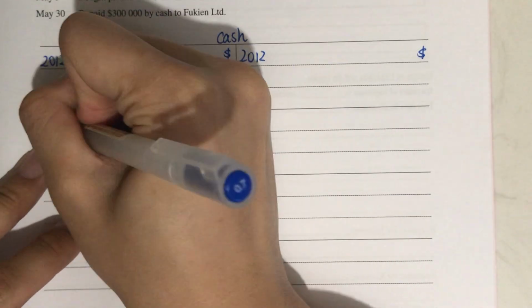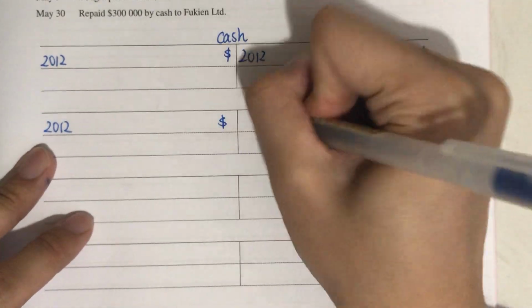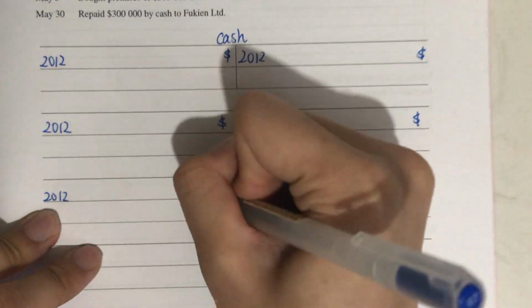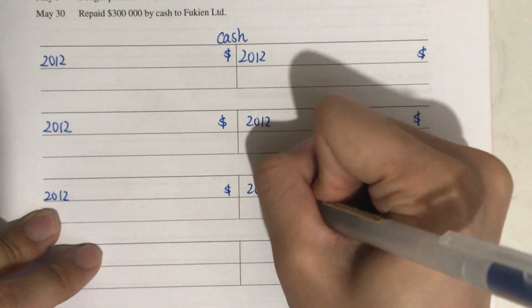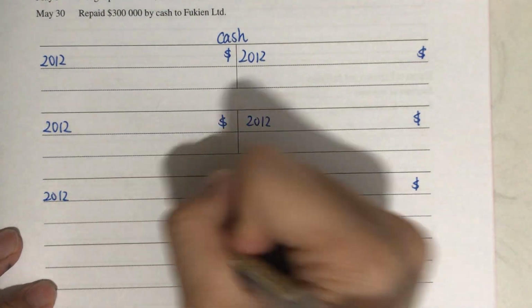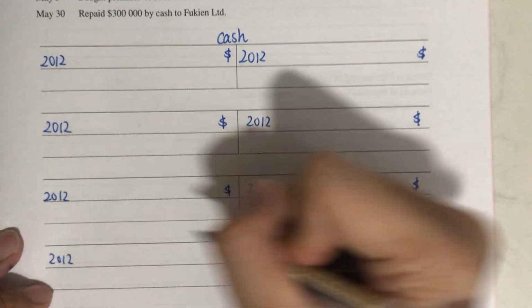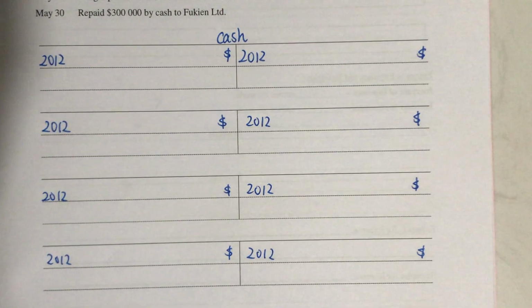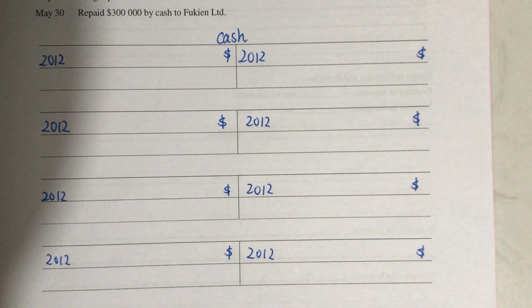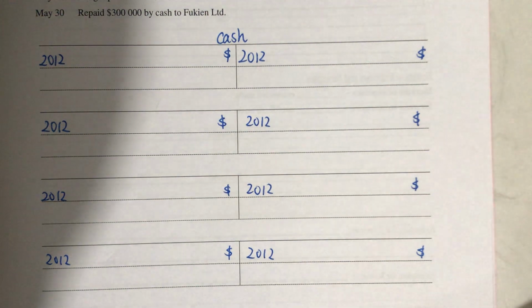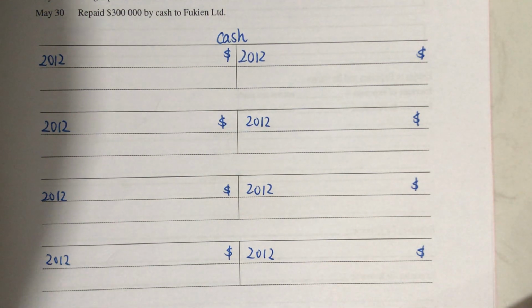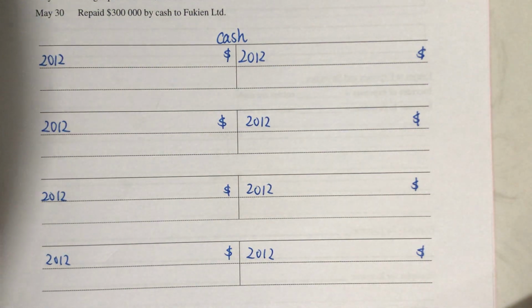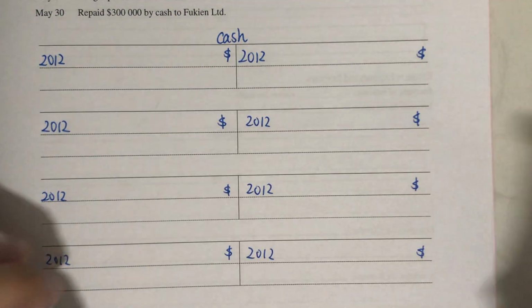First account, second account, third one, and the fourth one. Okay, and then for the first one, you see the cash increase implies that there is an increase in assets. So an increase in assets should be put on the debit side, the left-hand side.